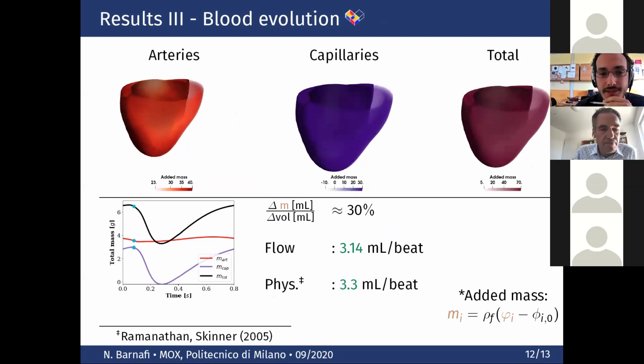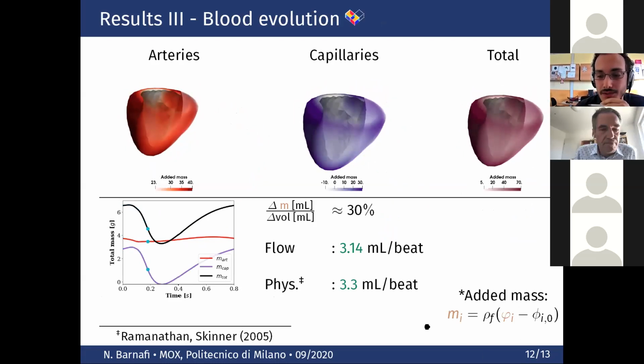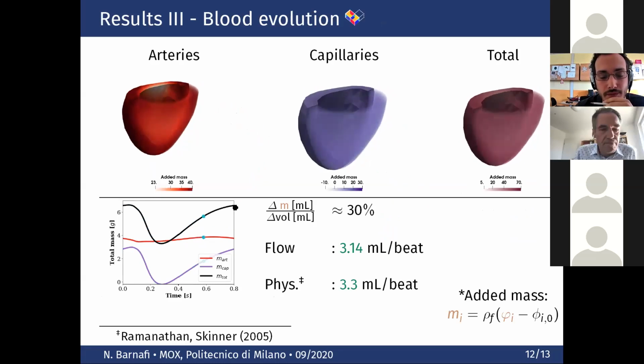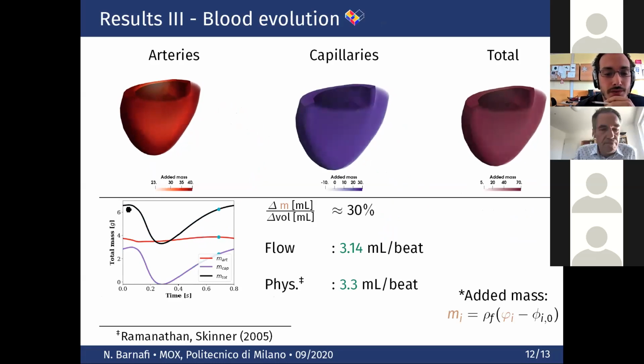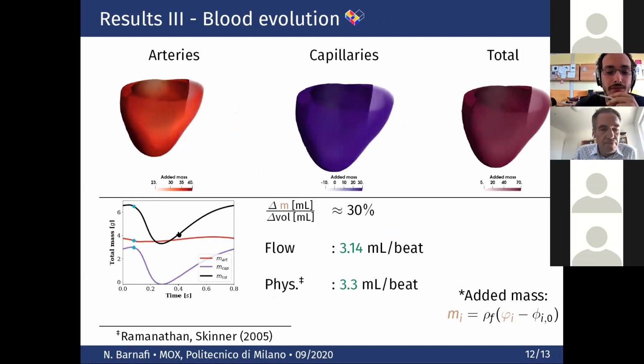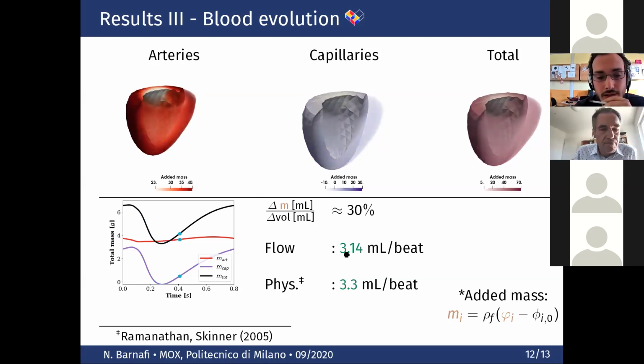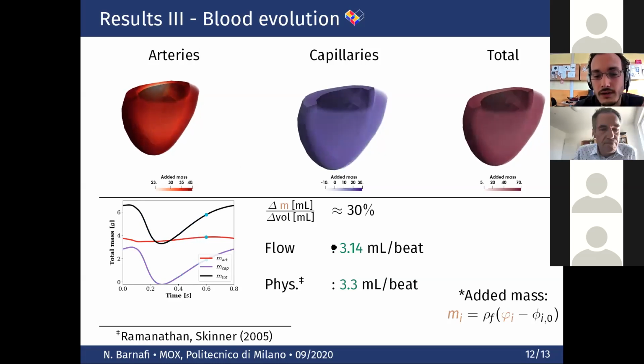And lastly, by defining this quantity, we get the variation of local density in each compartment. We can track what I've shown in the beginning, which is the evolution of mass throughout the tissue. If we use this to compute the flow in each heartbeat, we get a total flow between the arteries and veins of 3.14 milliliters per heartbeat.